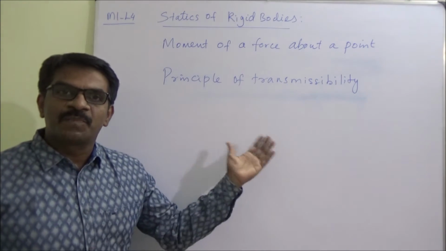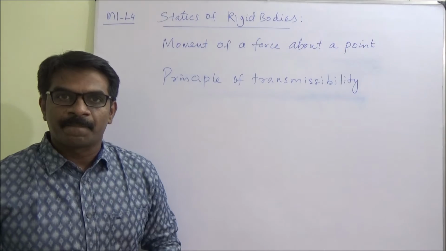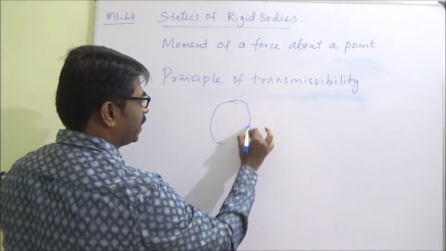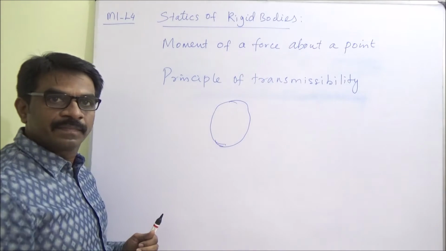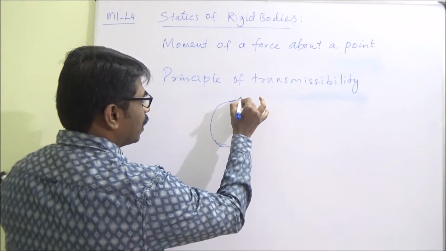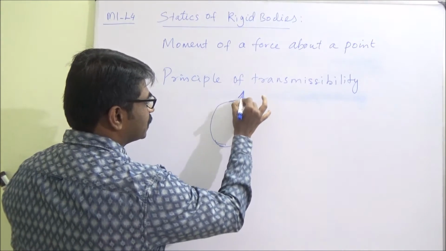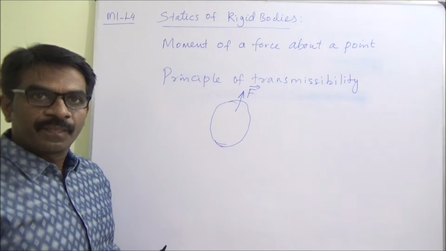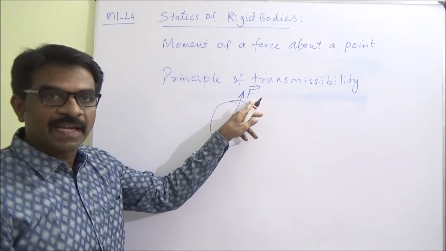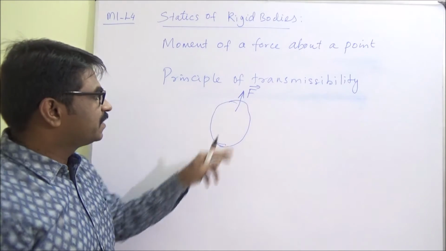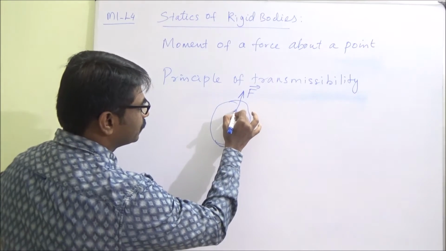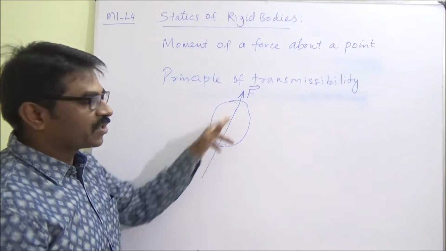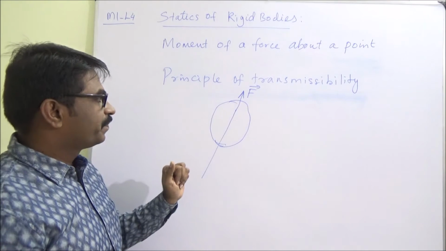What is this principle of transmissibility? Say for example, you have a rigid body. A force of magnitude F is acting in this direction. Say this is the line of action of the force.